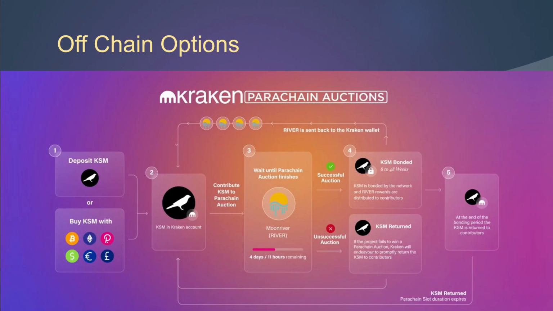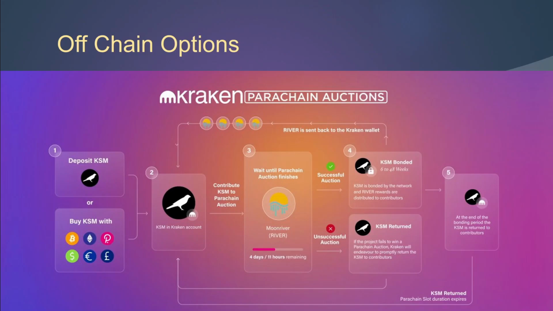So that was quick, simple. That's the bidding process. So there are off-chain options. I have seen that Kraken is now advertising, and I don't know too much about it. But this slide, if you can, pause it and take a look at it, it has a good workflow, so you can have a fair appreciation of the system.